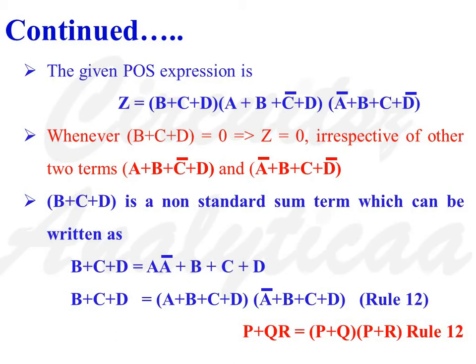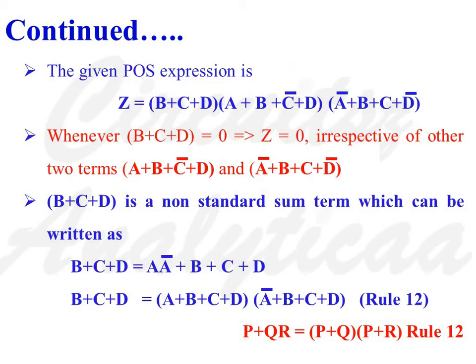Here there are three sum terms. Out of these, the first term B plus C plus D is a non-standard sum term which can be expanded as A plus B plus C plus D into A bar plus B plus C plus D.